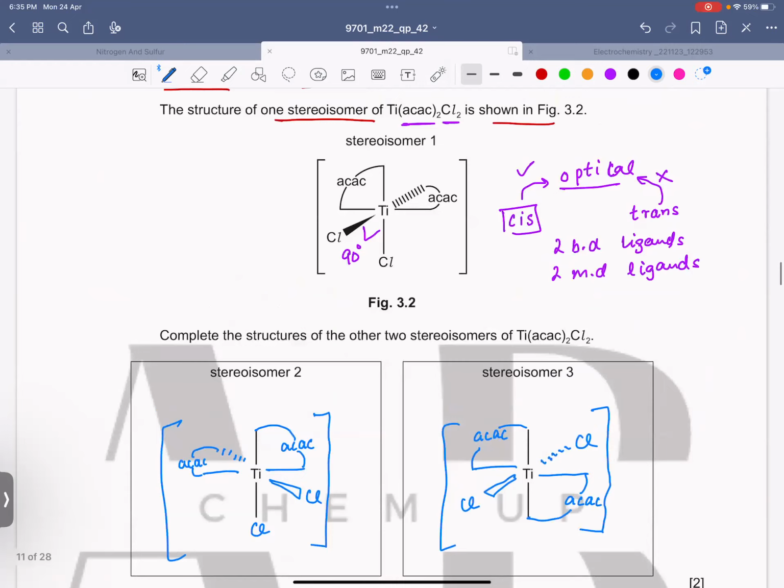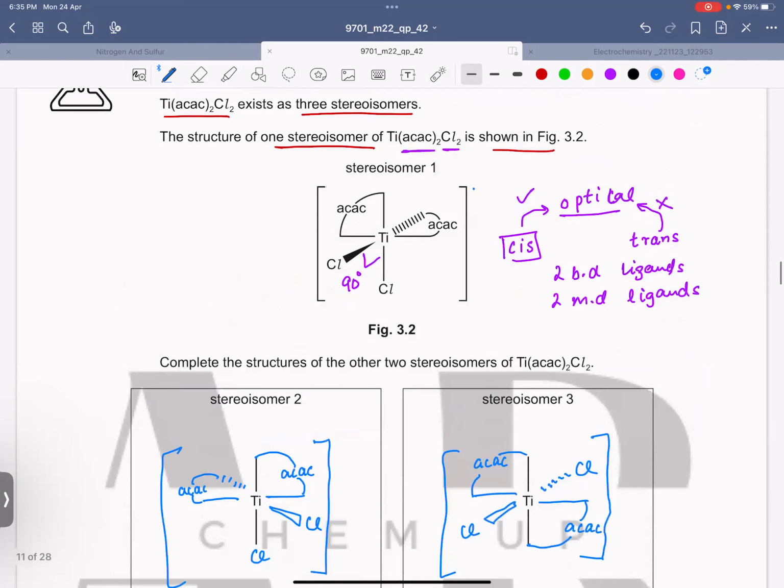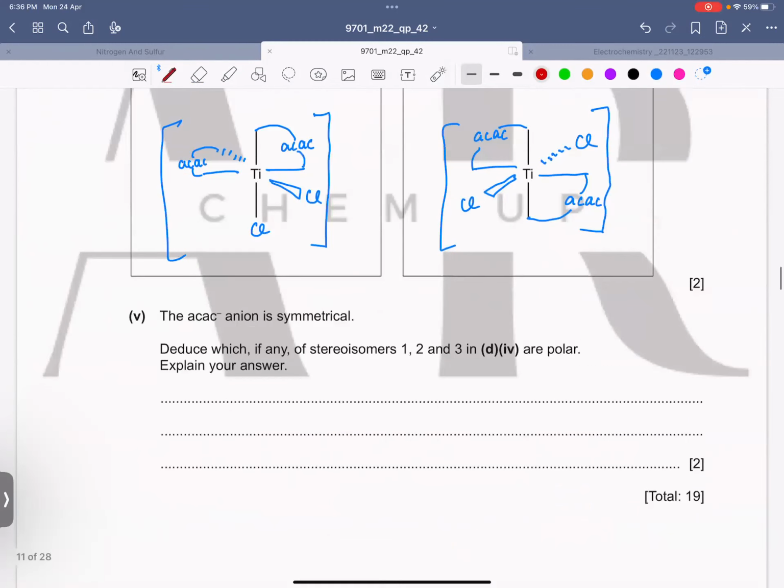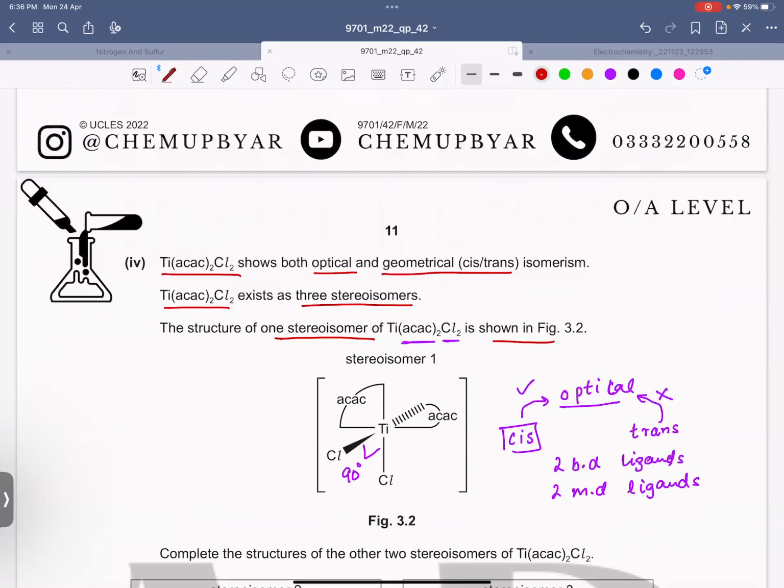It is mandatory to draw the brackets when there is a charge, but I am referring to the structure provided by the examiner. The examiner is showing you the brackets over here, so you must draw the brackets. Okay.